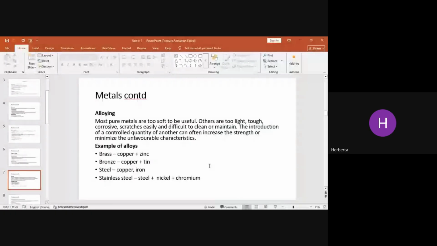Then stainless steel: the steel itself is a combination, plus the stainless steel. Stainless steel is a combination of three metals, and they are steel, nickel, and chromium. That makes up stainless steel.